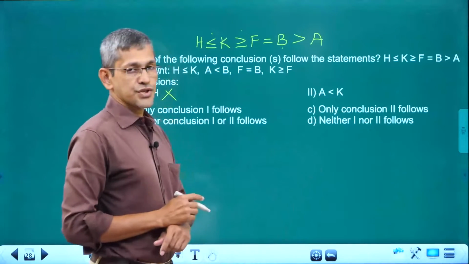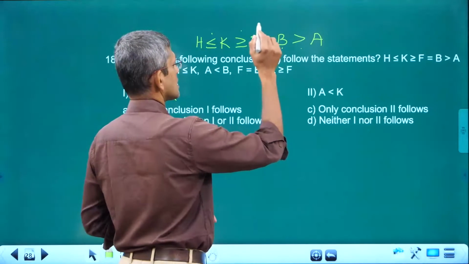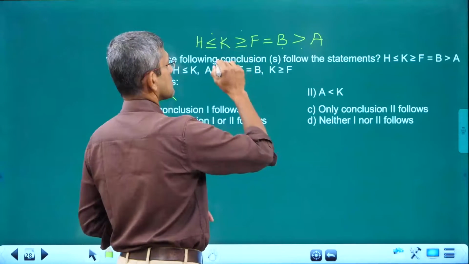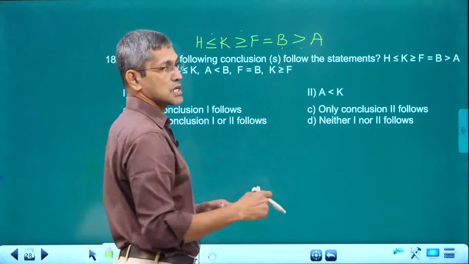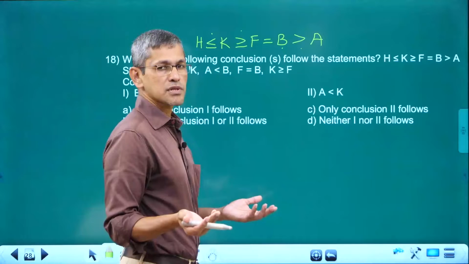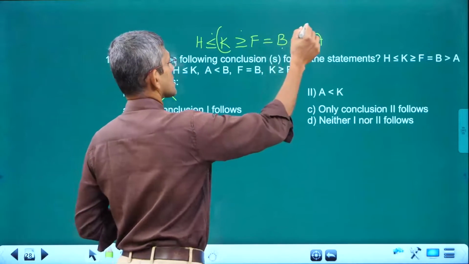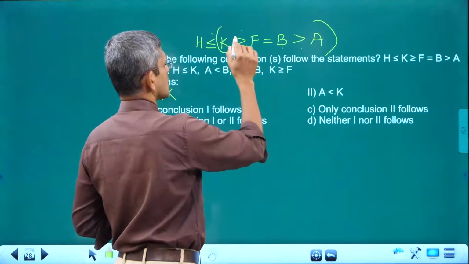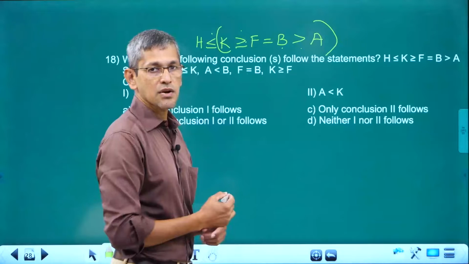Now a less than k. Look at it. Between a and k we have three symbols, but the equal to sign we can ignore because it's neutral. What symbols do we have between a and k? Greater than or equal to and greater than. So it's not really contradictory.